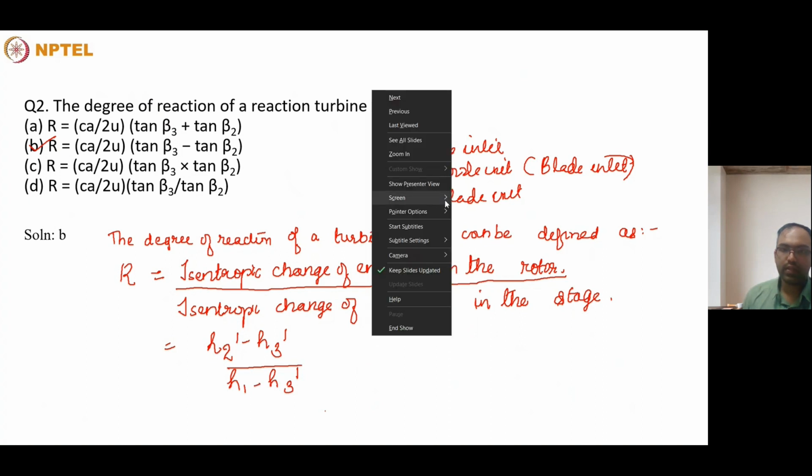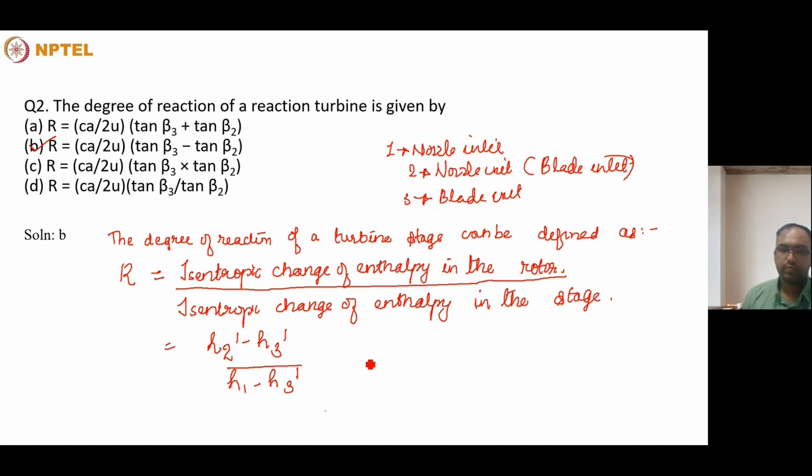So it can be written as H1. So assuming a constant rho, the enthalpy change can be represented as delta P by rho. Hence, the degree of reaction can be also represented as the change in pressures, P2 minus P3 divided by P1 minus P3.